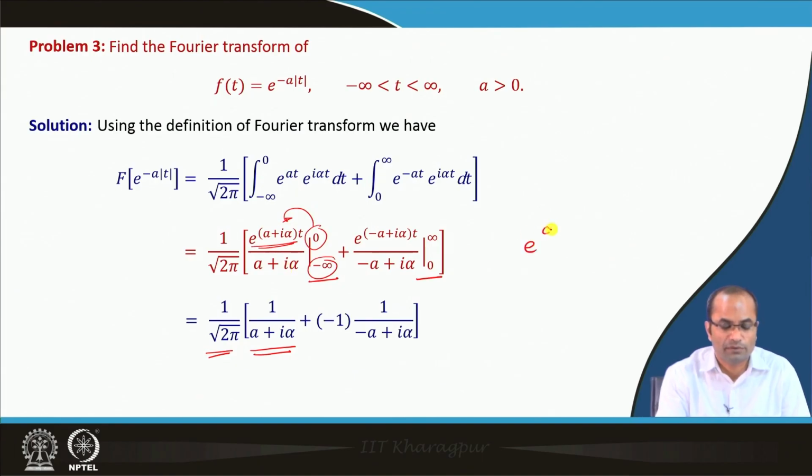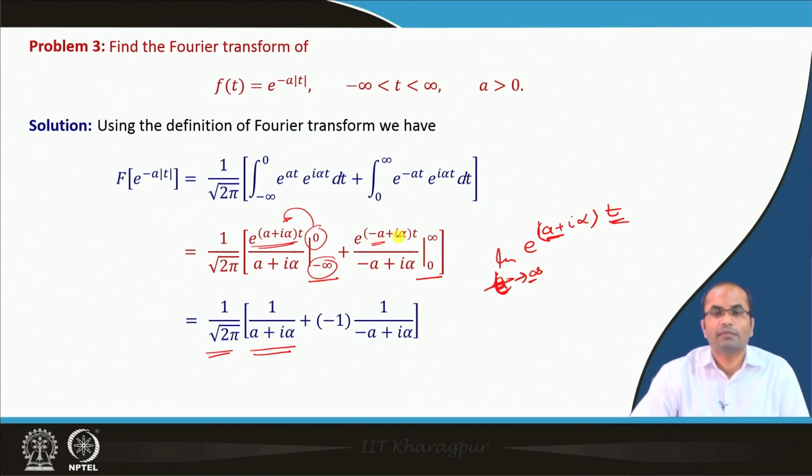When we put infinity, we have e^((a + i alpha) t), and we are looking at the limit when t goes to minus infinity in the first case, and a is positive. In the second case, t goes to infinity, but then we have minus a.